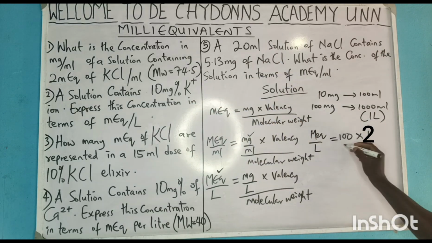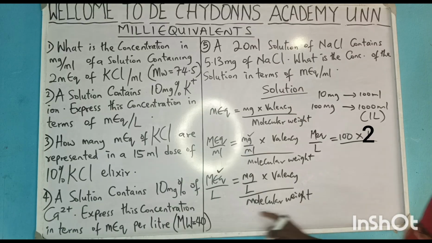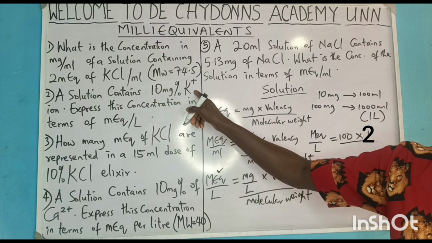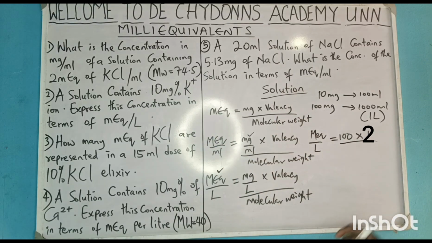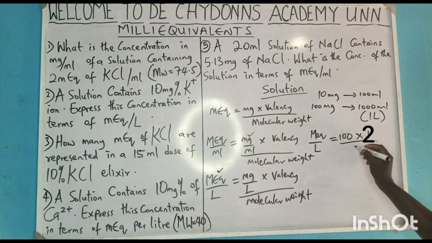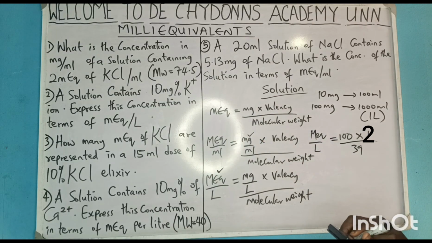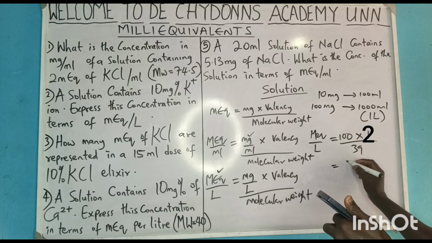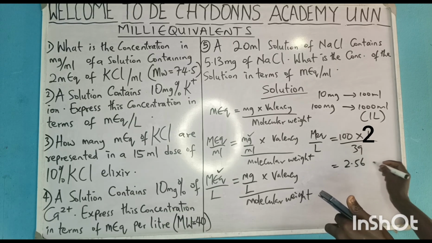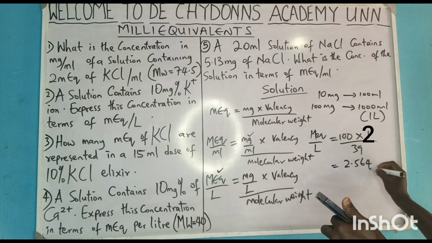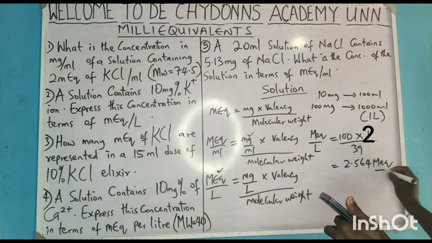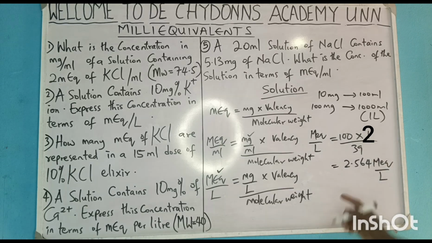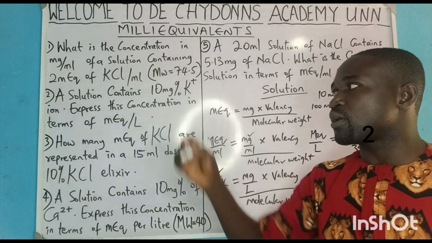I will say 1 all over the molecular weight of potassium. Molecular weight for potassium is 39. So the answer will now be 100 divided by 39, and that will be giving you 2.56 milliequivalent per liter. Yes, and that is the answer for question number 2.